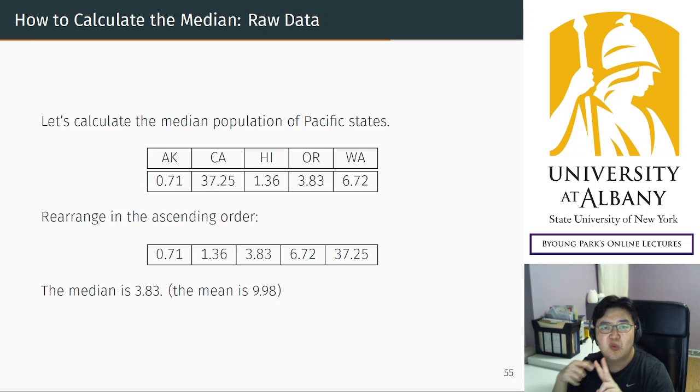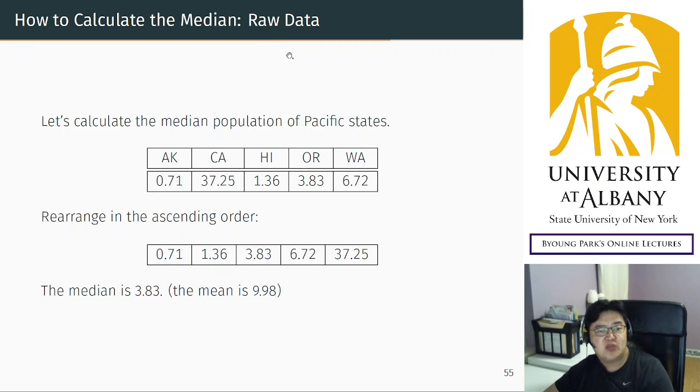Depending on what kind of information you have, you use different methods. The same applies here. How you calculate the median depends on what type of information you get. So first, let's think about raw data.